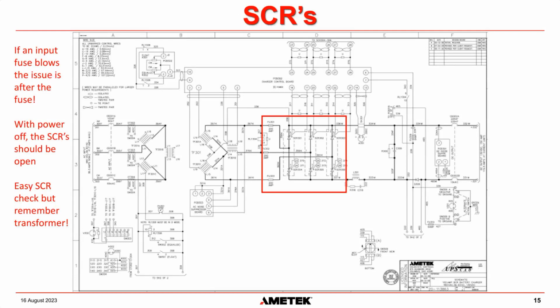When you find out that there is an SCR short in the bridge, you'd have to disconnect that cable across the SCR and check the SCR taken away from the system, checking each SCR individually to make sure that the one you think is damaged is the one that's actually damaged before you replace it.